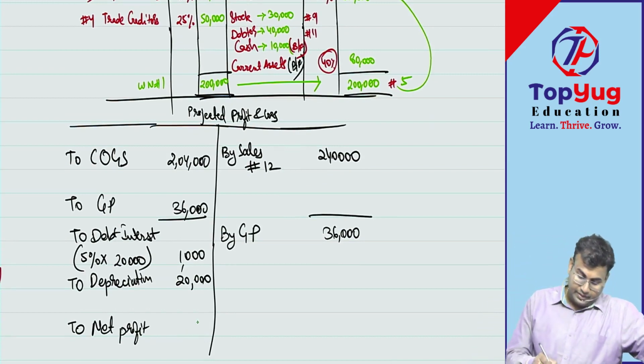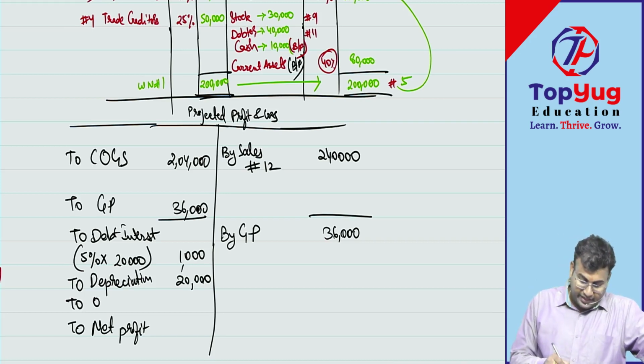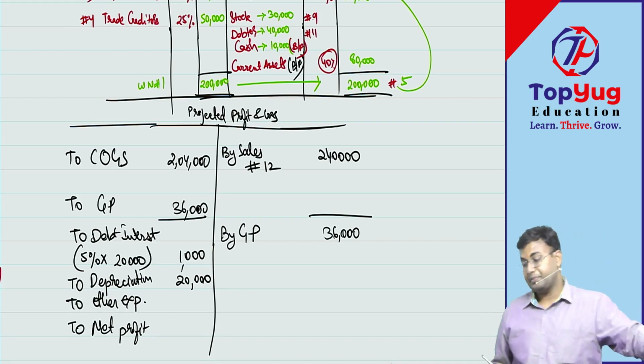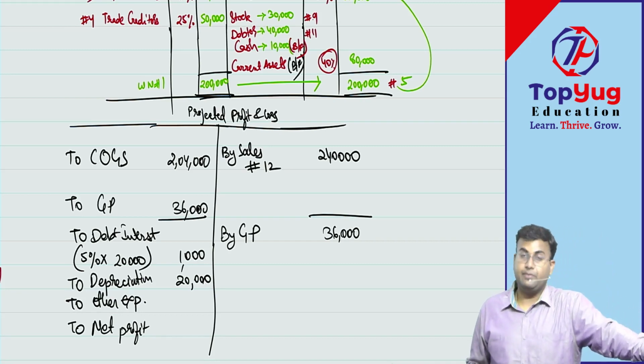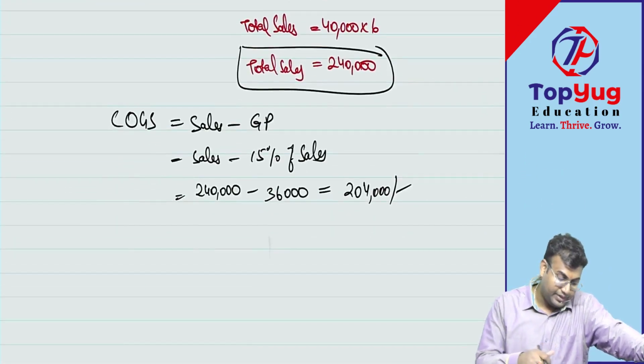But still, do we have the net profit? There could be any other expenses also, no? To other expenses, is there other expense zero, or how do we find out? Have they given return on net worth ratio? Yes. Again, we have to go down and do this.